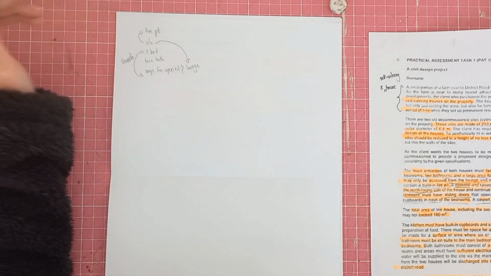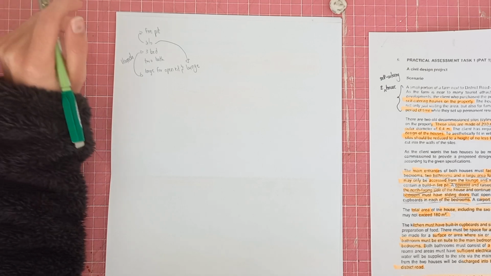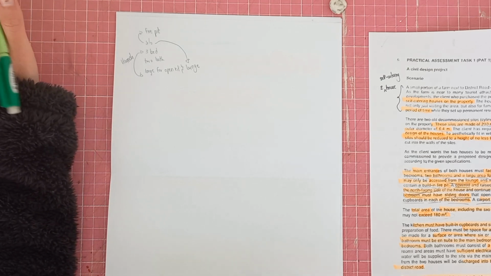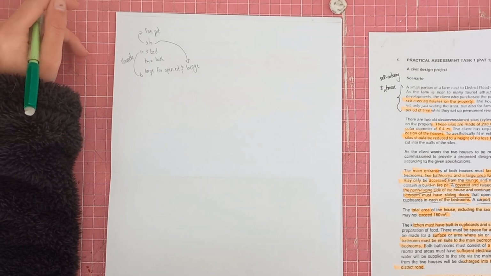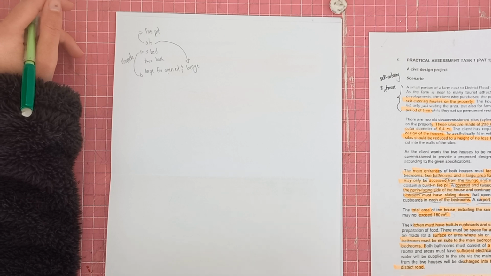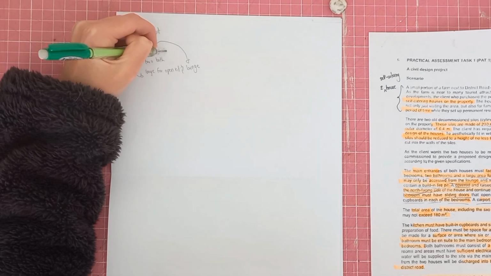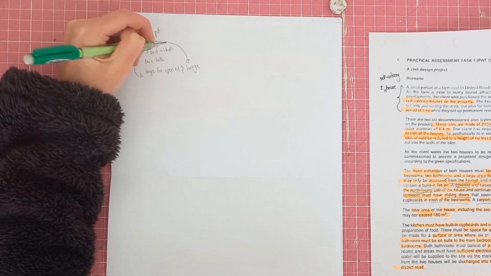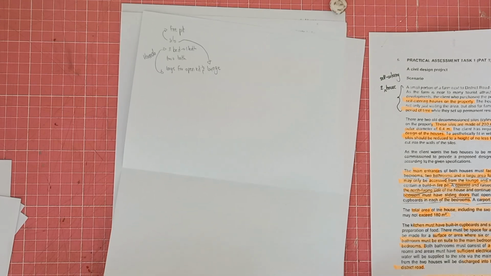And then a carport for 2 cars, obviously we need to think about, but not quite yet. Okay, the one bathroom must be ensuite to the main bedroom, so we know 1 bathroom, and then the other 2 share a bathroom. Okay, so now with that we can start to design.